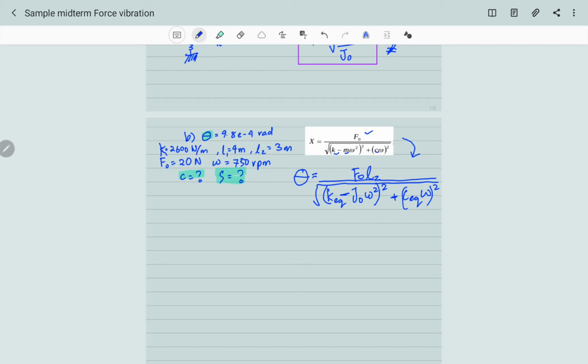Because they want you to find C, we have to rearrange this equation in terms of C equivalent.